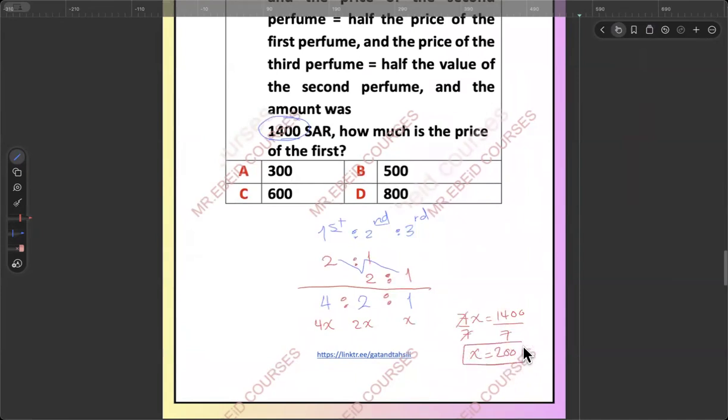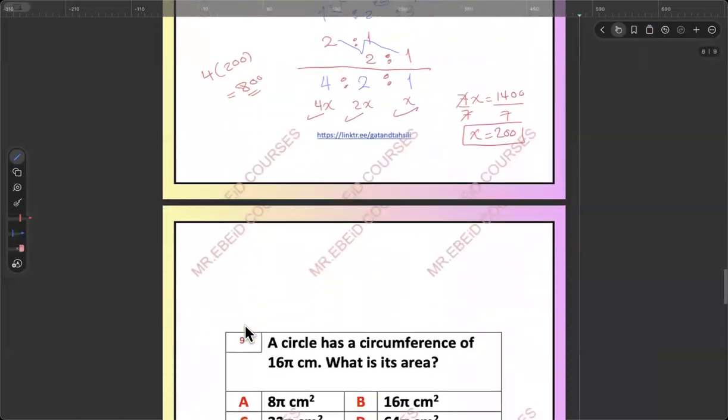So we have the value of x equals 200. Now we can find the price of the first perfume, or the second, or the third, just by plugging in the value of x. But in this question, we want to find only the first one, so multiply 4 times 200, which equals 800. So the answer is D. Very important question and very easy.